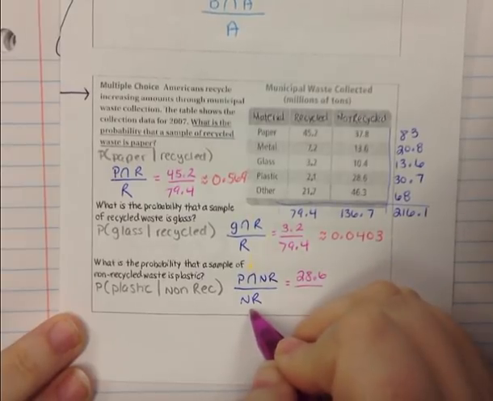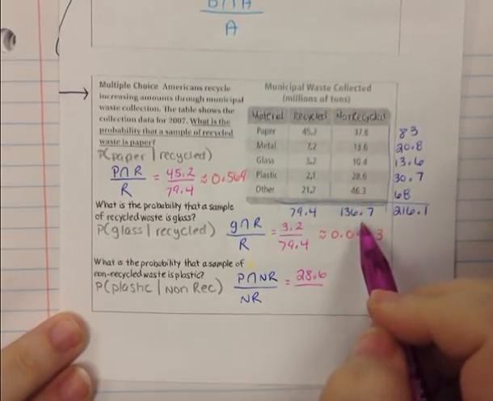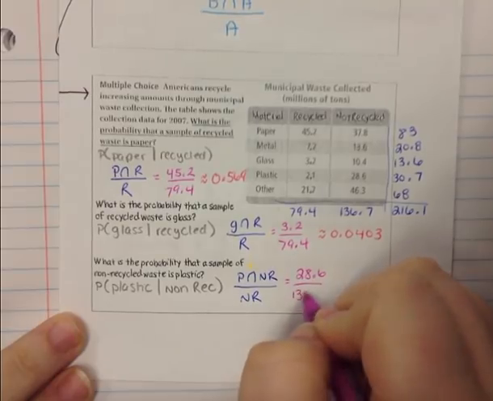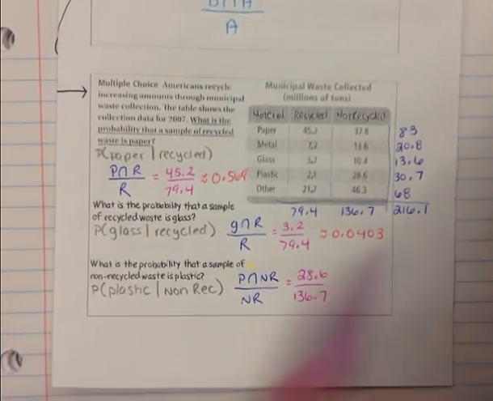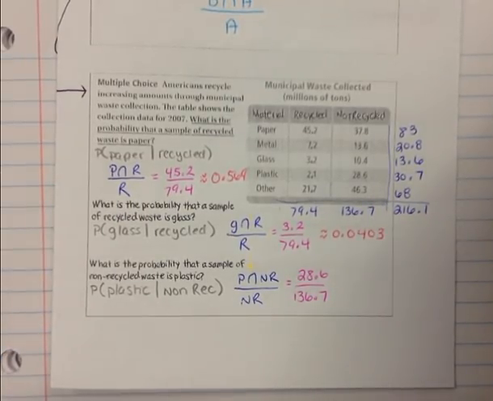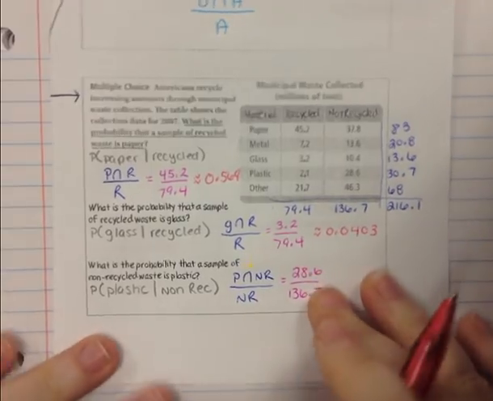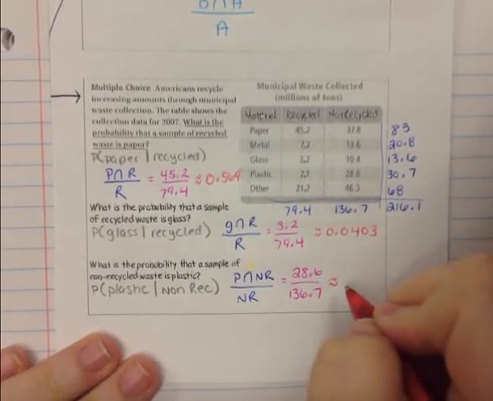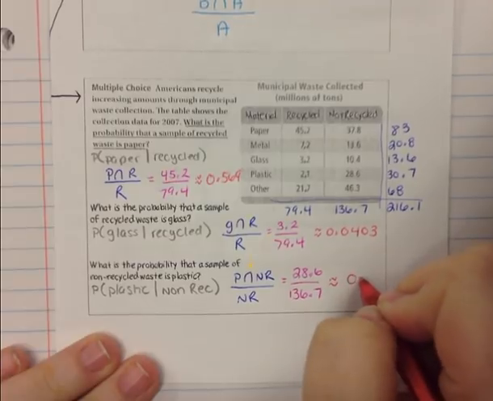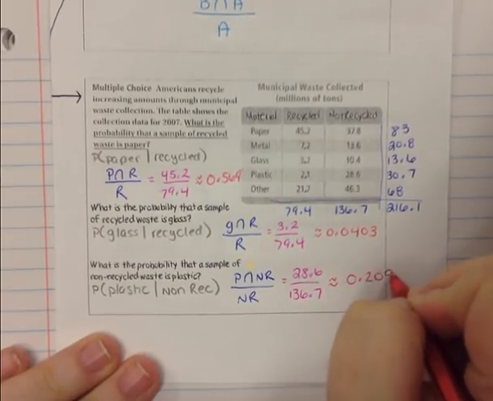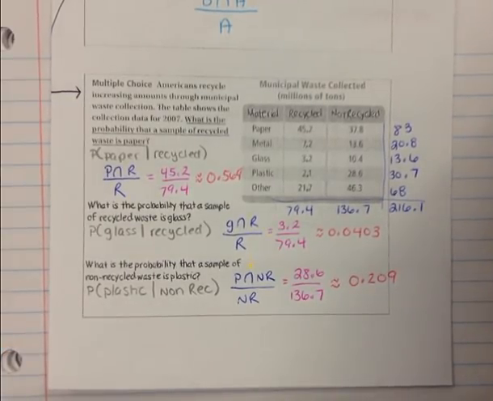Over the non-recycled. So all of the non-recycled is 136.7. Or you could say 136 and 7/10. That's actually how it's pronounced. Plug this into our calculator to 3 significant figures. We get 0.209.